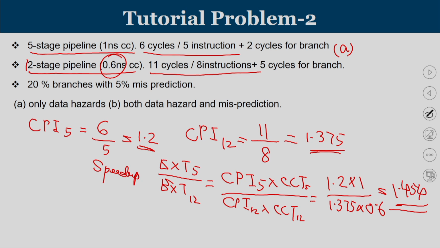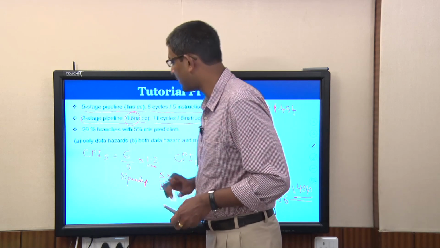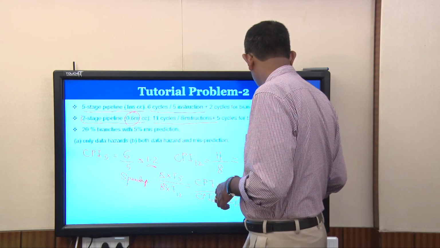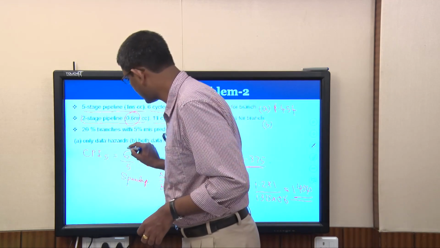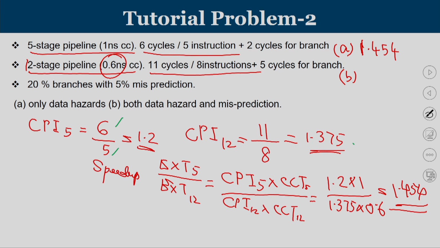So, the answer for the first component is that the 12-stage pipeline has a speed up of 1.454 times over the 5-stage pipeline. Let us revisit what we have done. Considering only the data hazards, the 5-stage pipeline takes 6 clock cycles to complete 5 instructions, so 6 by 5, 1.2 is the CPI. The 12-stage one takes 11 clock cycles to complete 8 instructions, so it is 1.375.